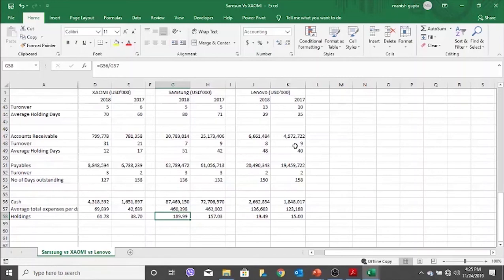Maybe they are based in a geography where they need to have higher cash, right? But if you look at the industry average here, all the companies are from a similar industry, right? So you don't really need a very high cash balance. You can put money into other investments where you are at least getting something. Cash is definitely not a good idea.